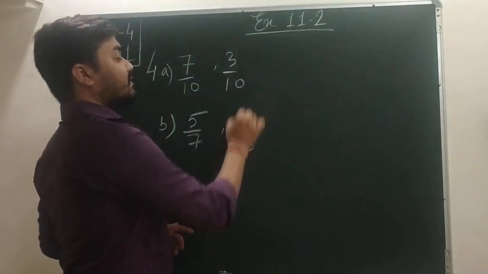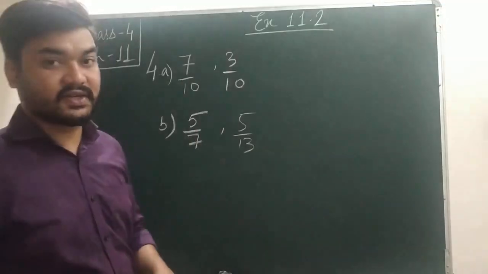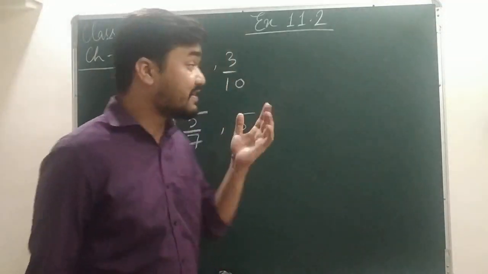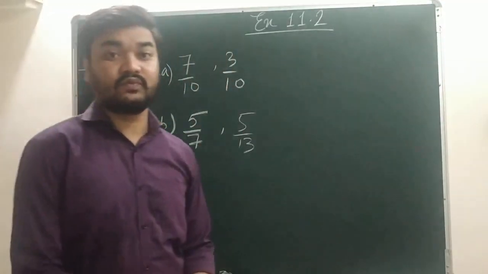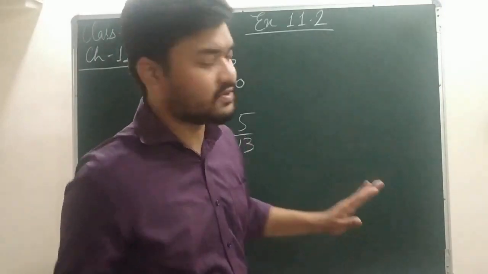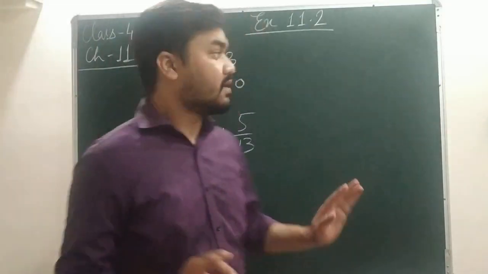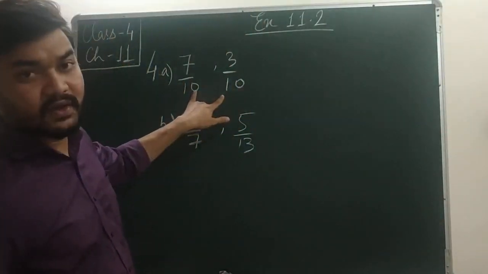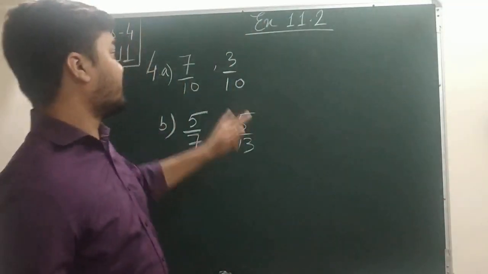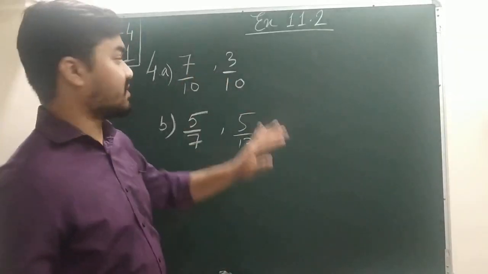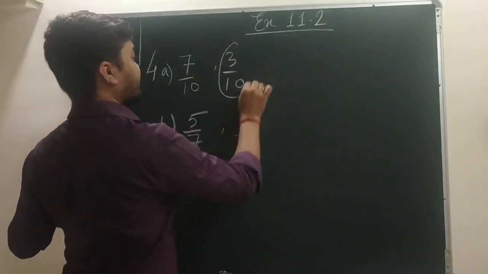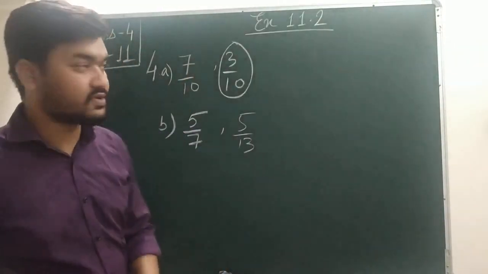As I said in question number 1, if the denominators are same, nothing we have to do. We just have to see which is bigger, which is smaller. Denominators are same, so just we have to find the smaller number between 7 and 3. 3 is smaller, so we just have to ring this number. Finish.